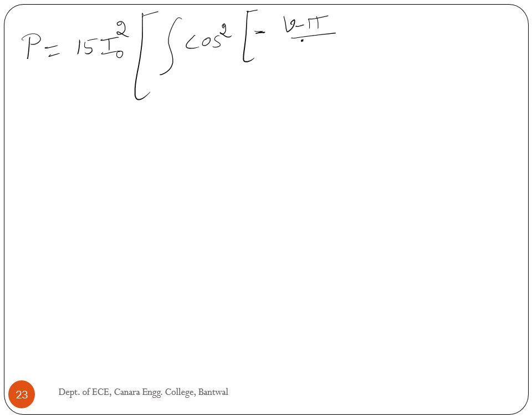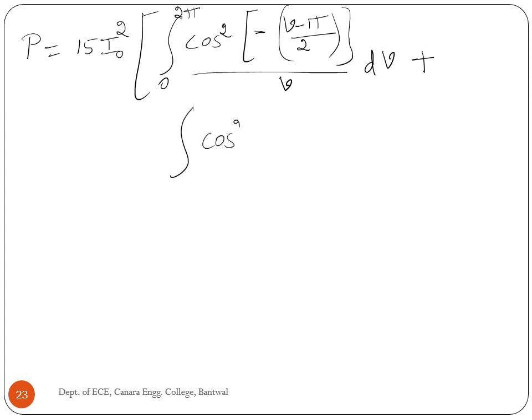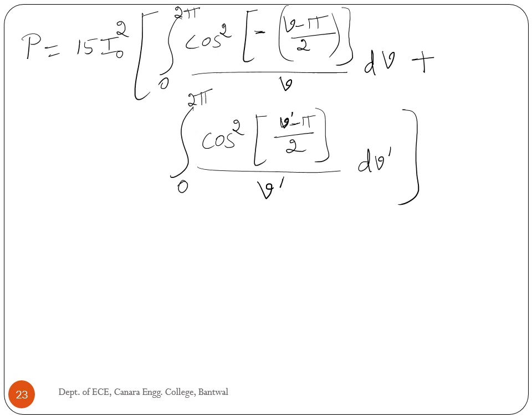From the previous line, radiated power is equal to 15 I naught square integration of cos square of (minus v minus pi divided by 2) divided by v dv, integration 0 to 2 pi, plus integration of cos square of (v dash minus pi divided by 2) divided by v dash into dv dash, integration limit 0 to 2 pi.